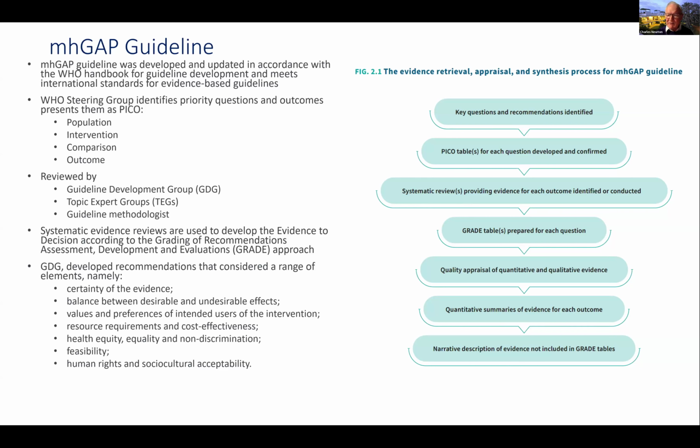And this evidence is graded, assessed according to the GRADE recommendations, which are the Grading of Recommendations Assessment, Development, and Evaluation. And then the GDG, the Guideline Development Group, develop recommendations that are consistent not only on the certainty of the evidence, but also on the balance of the desirable and undesirable effects, the values and preferences of intended users of the intervention, the resource requirements and cost effectiveness, the health equity, quality and non-discrimination, the feasibility of the interventions, and also the human rights and social cultural accessibility.